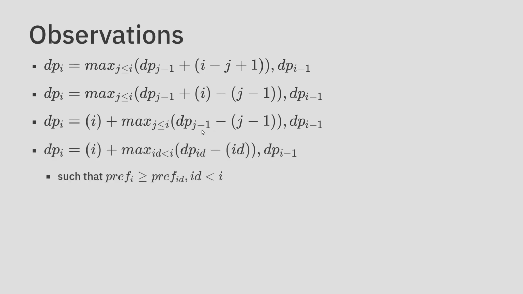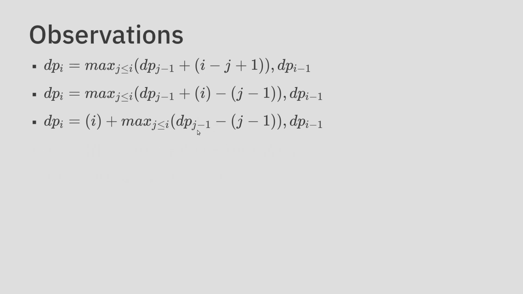And one more thing to observe is that this j minus 1 and j minus 1 will be common. So basically the value that is present in the max term is a single value for a single index. So in this step we took i to the front, which is independent of j for the maximum function.